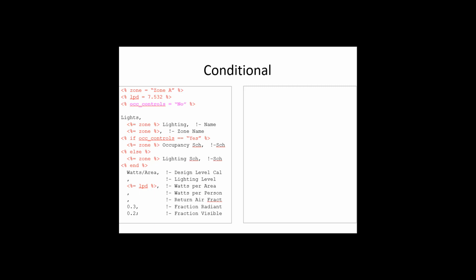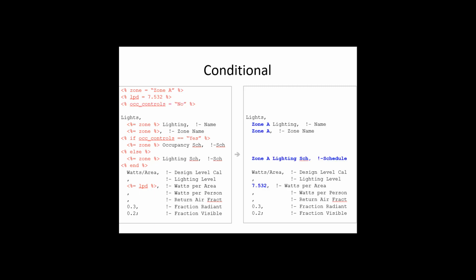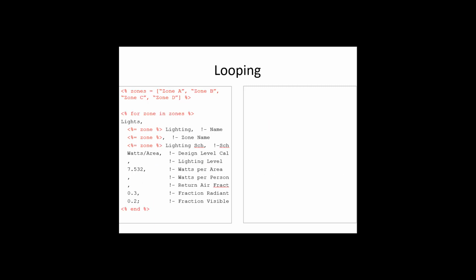If we set occupancy controls equal to no, then we get a different resulting object. We can do loops. So if we have a list of zones, we can say for zone in zones, and it would substitute the zone name in.